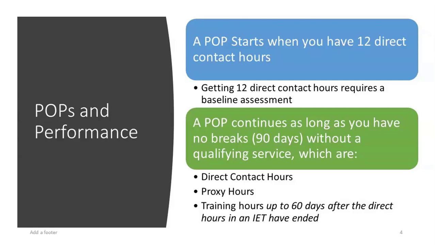Anyone with less than 12 hours doesn't fall into our performance measures. So that's a feat in itself. One thing the period of participation report, and I'll call it the POP report from here on out because that's a mouthful, tells you is how many people you are getting to that 12 hours. That's an important piece because every single person that hits 12 hours is a person that we're measuring at that point.